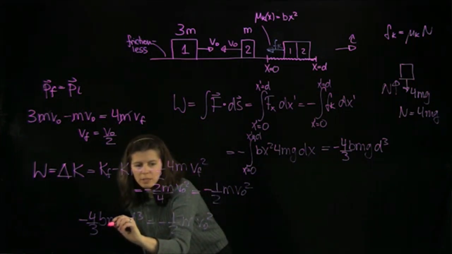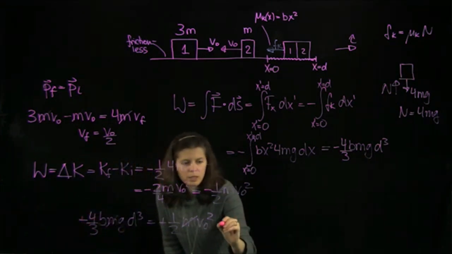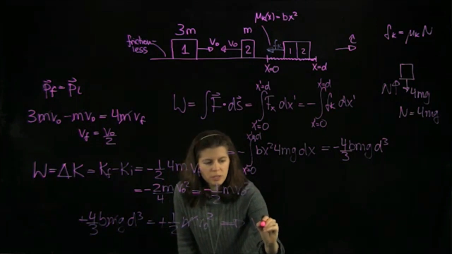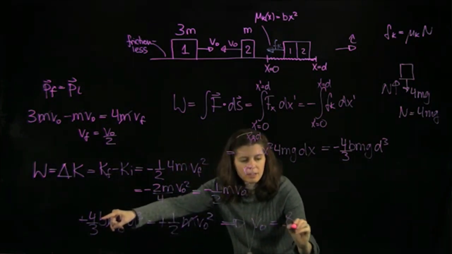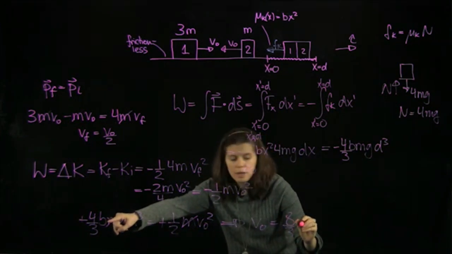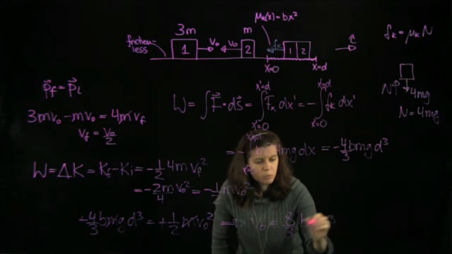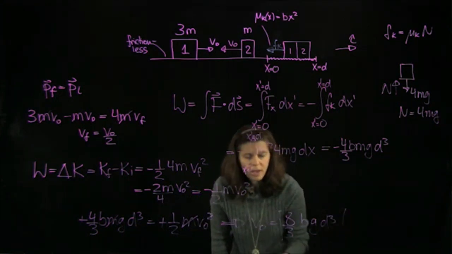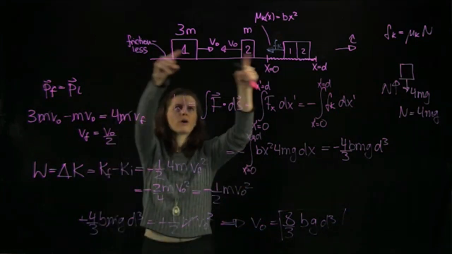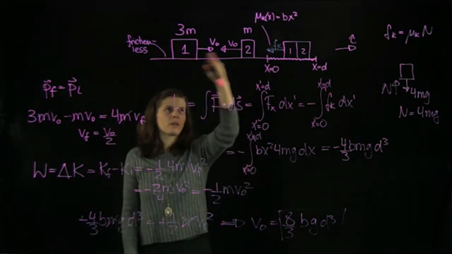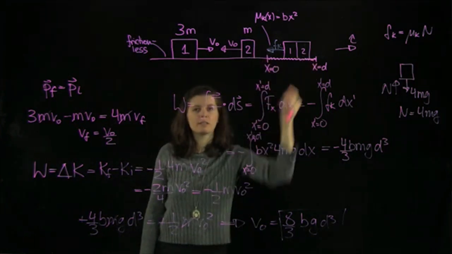We'll see that the m's cancel and the minus signs go, and so we're going to get v naught equals the square root of 8/3 b g d cubed. So this is our initial velocity with which the two blocks collided initially, then eventually went onto this rough surface and came to rest here at x equals d.